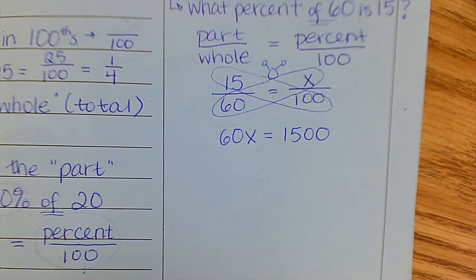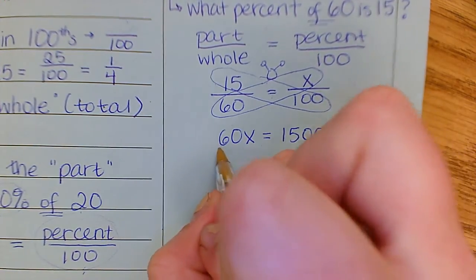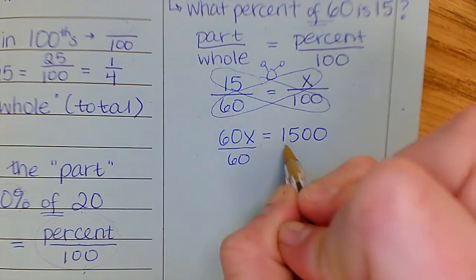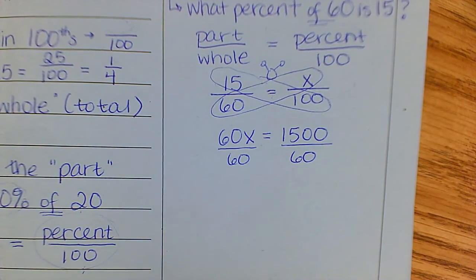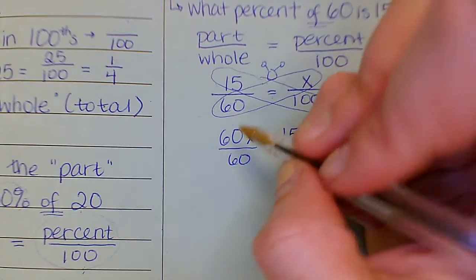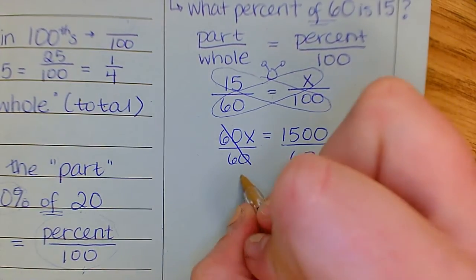Tyler, I know you weren't here the past few classes, but how about you tell us? Great. And Tyler's dividing both sides by 60. And Tyler, can you tell us why I'm not subtracting 60? Yes, because it's multiplication, so I divide. So I'm left with x.